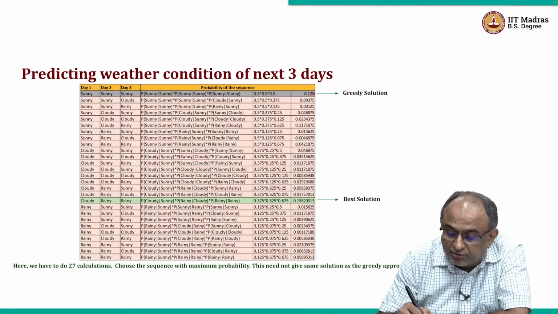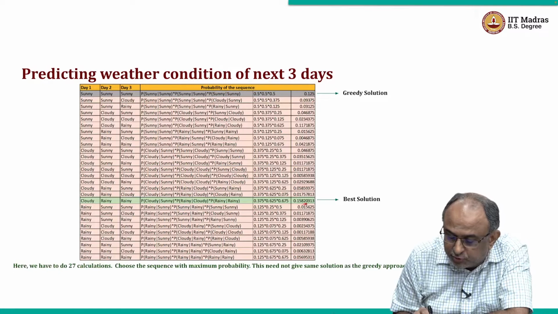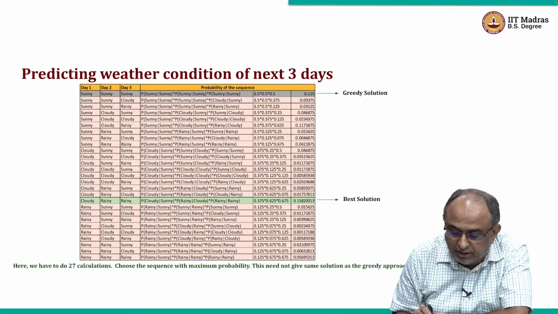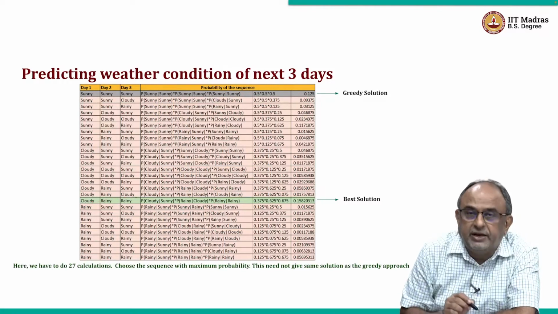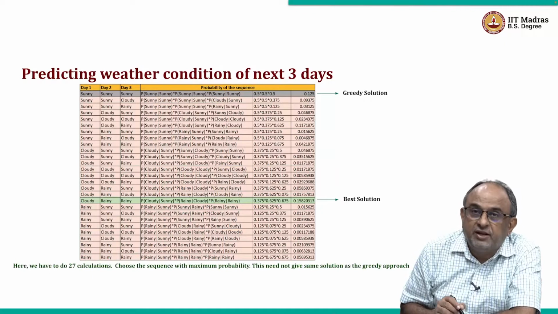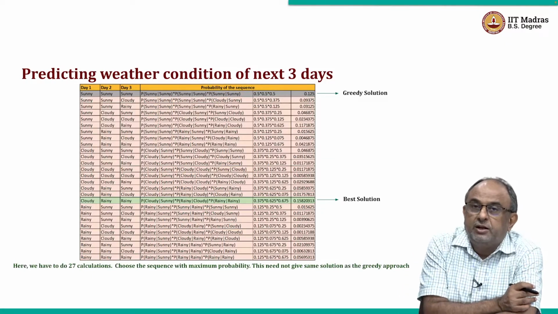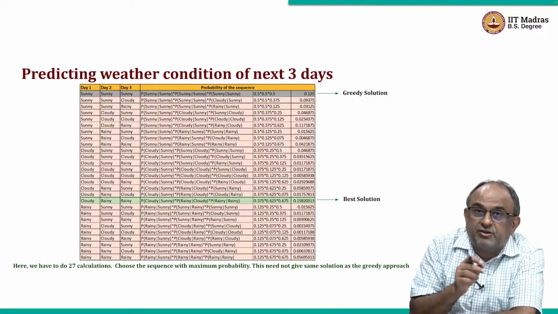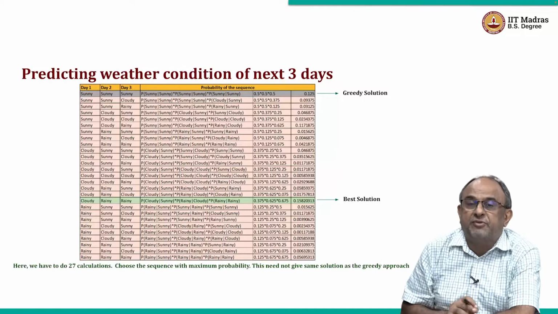If you see, this one is the most probable, at 0.158203. So this is the best solution: cloudy, rainy, rainy. Given that the previous day was sunny, the most probable next 3 days being cloudy, rainy, rainy is my best weather forecast.